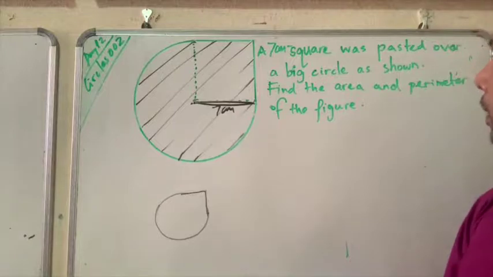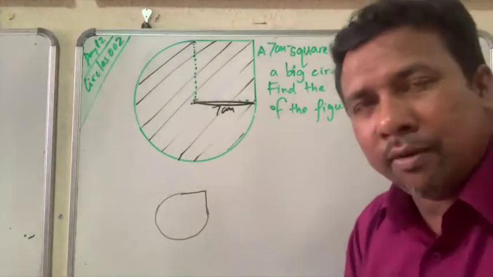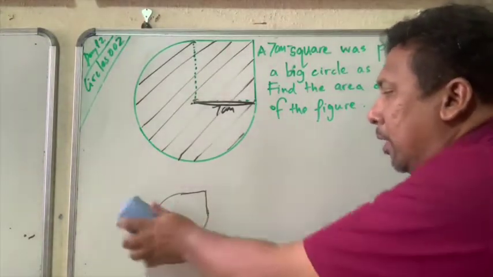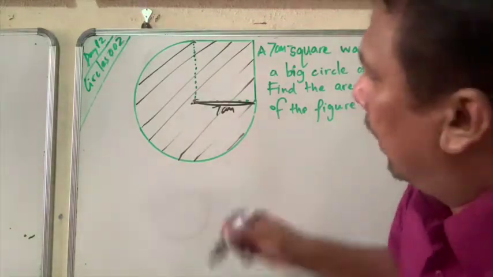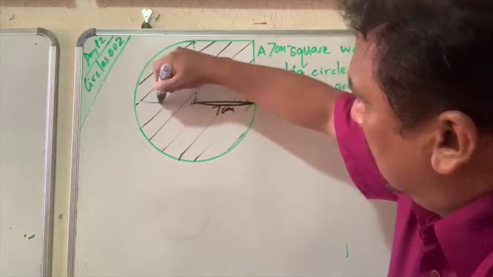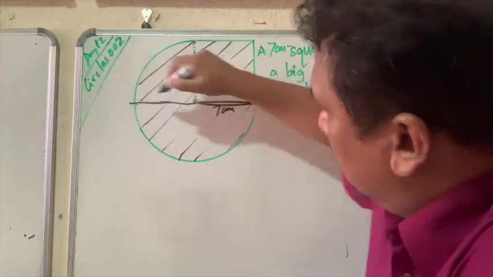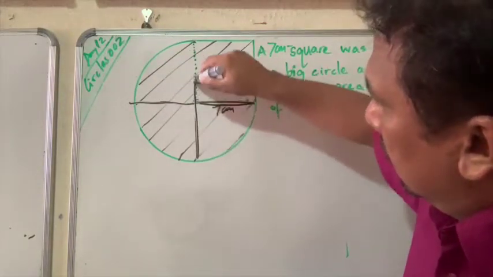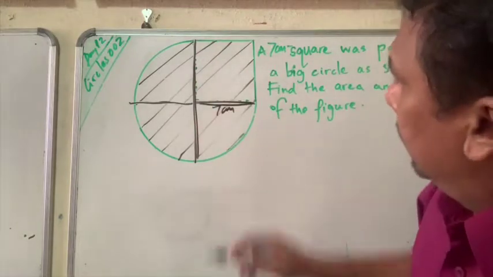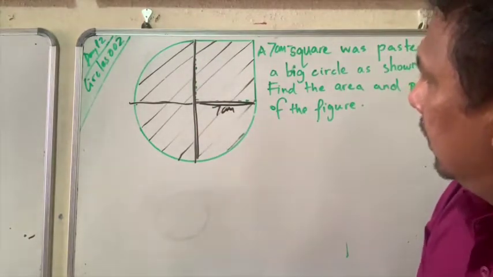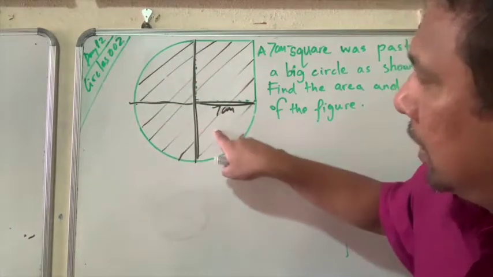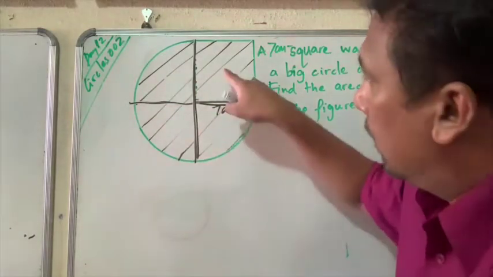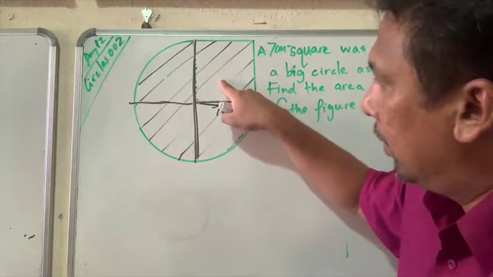Okay, we are supposed to find the area and perimeter of the figure. Well, simple. We can divide this circle into 4 parts, and we can see that there's only 3 parts of the circle here, and 1 part is a square.